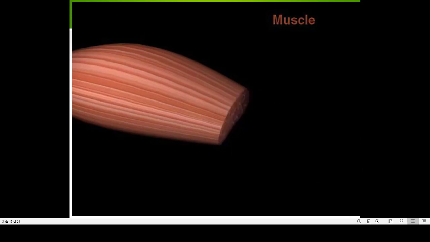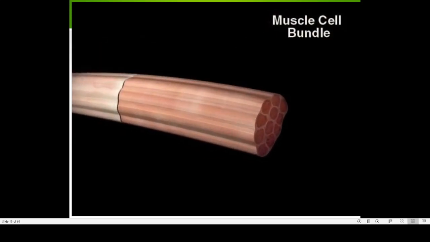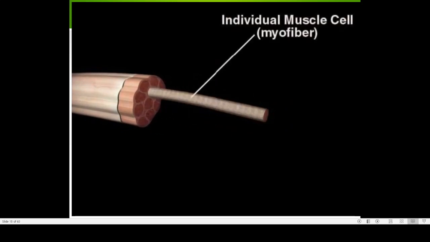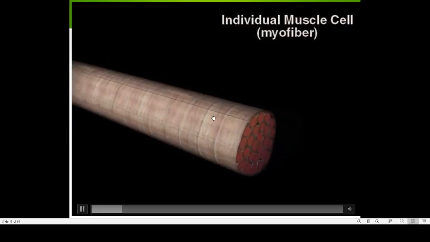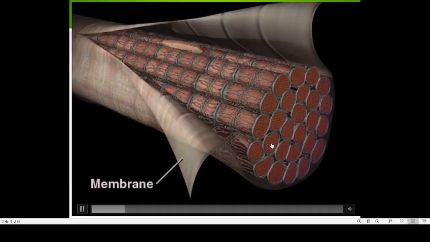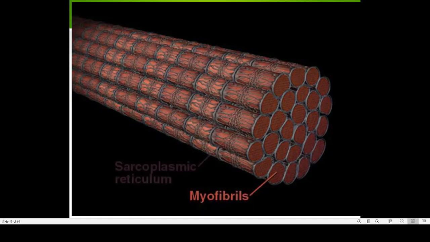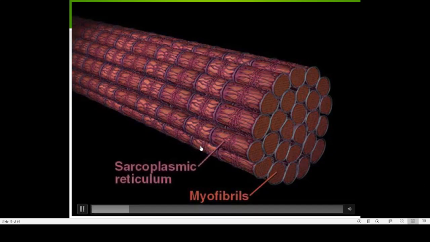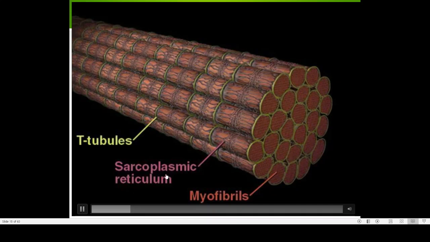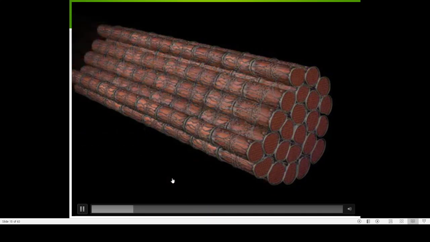Watch this video. You can see how a muscle will be contracting and what the basic parts of a muscle are. This is the individual myofibril. Now you can also see that this is one myofibril, and each is covered with the endoplasmic reticulum, known as the sarcoplasmic reticulum.